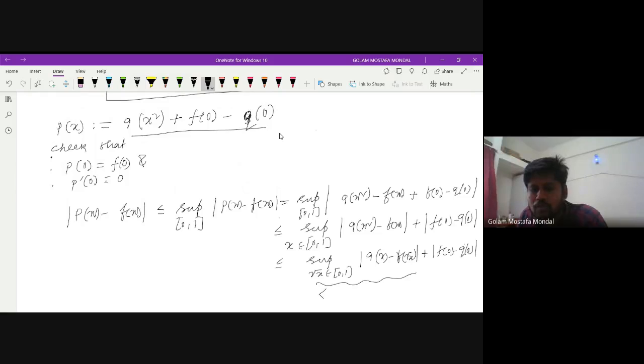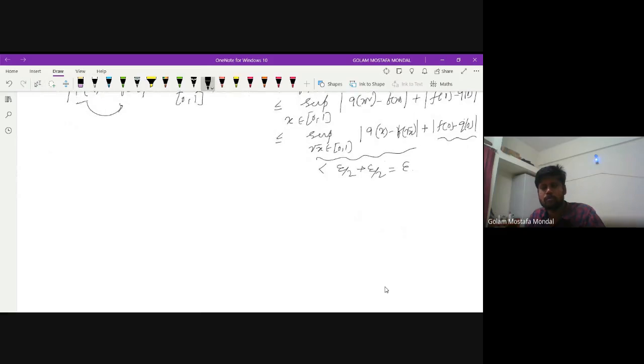So this is less than epsilon by 2 and this is also less than epsilon by 2. So p approximates f on 0, 1 uniformly with these two properties. Okay.